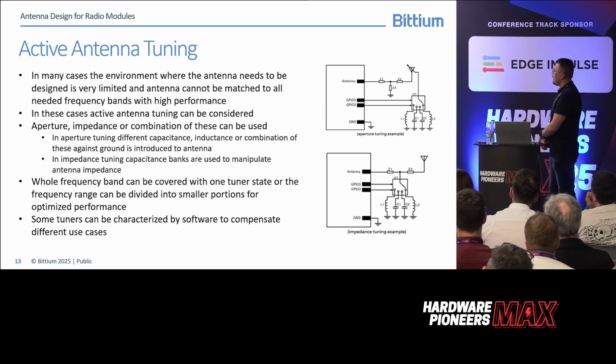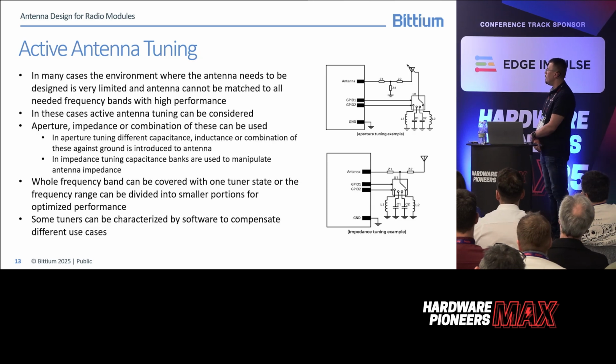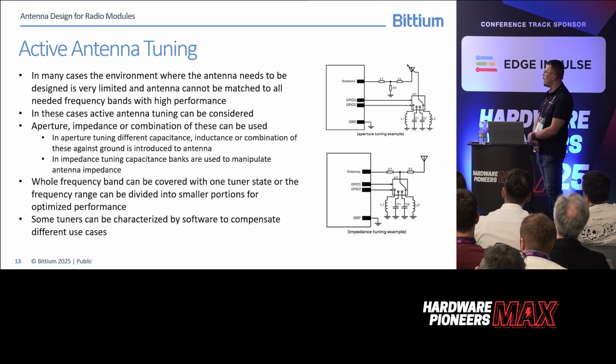This is a valid point when the environment where the antenna needs to be designed is very limited, and the antenna cannot be matched to all needed frequency bands with high performance.